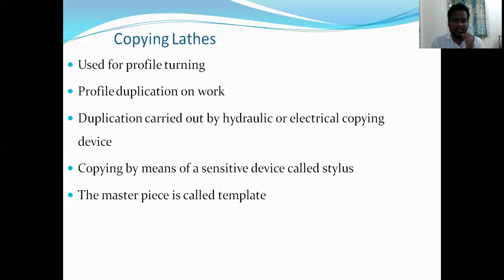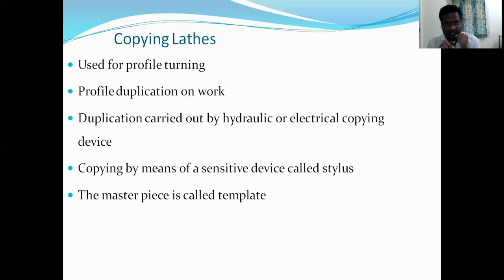Now we are concluding and summarizing the entire statement: the stylus, which is the sensitive device, is actuated by hydraulic or electrical devices. That stylus is traveled on the template, which is the predefined path. That travel is copied by the stylus, and this copying is done on the workpiece by the cutting tool.